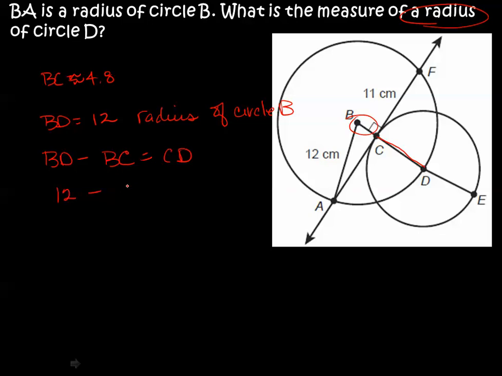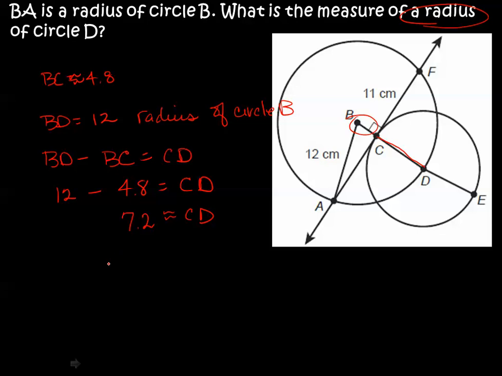So I got 12 minus 4.8 equals CD. I don't do decimals in my head, so let me see what that's going to be. 7.2. And you know, that's still an approximation.